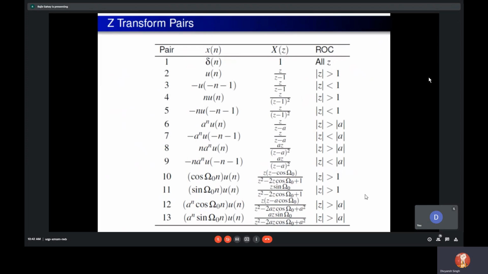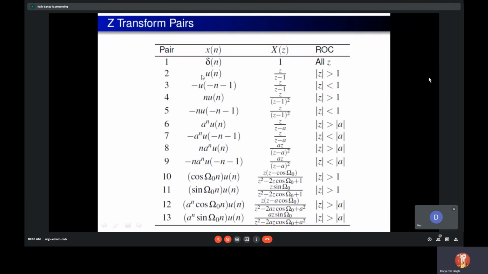These are some of the z transform pairs which are generally used. The impulse, the Kronecker delta, has a z transform 1, ROC is all z. u of n, that is a causal sequence, where the exponent is 1.